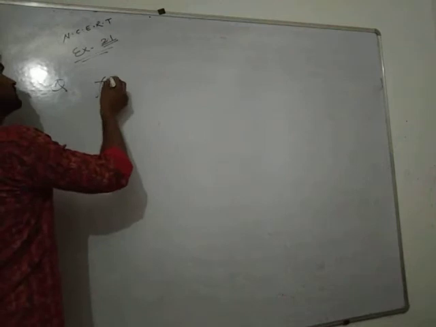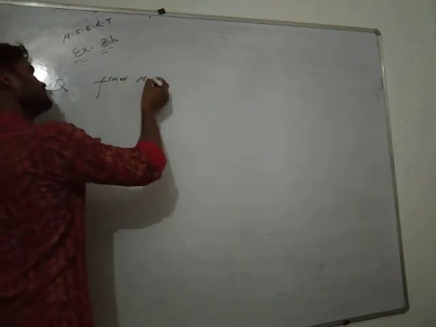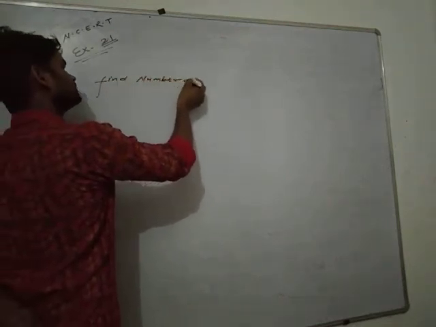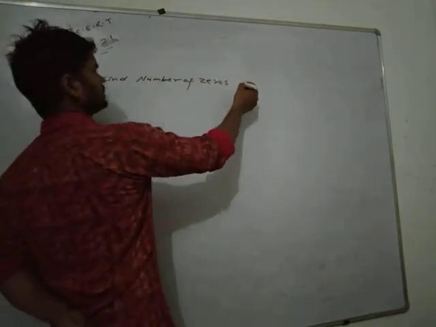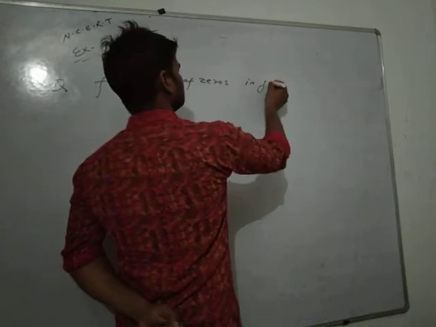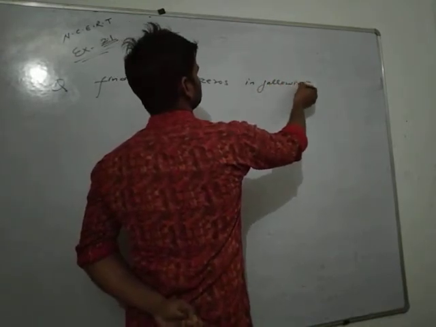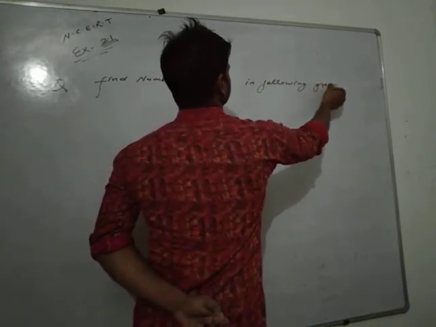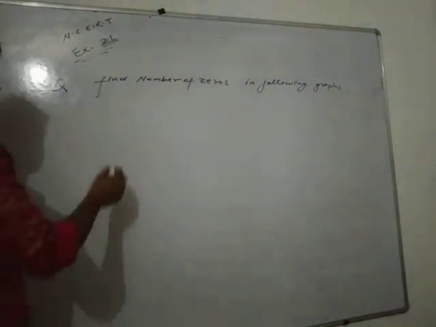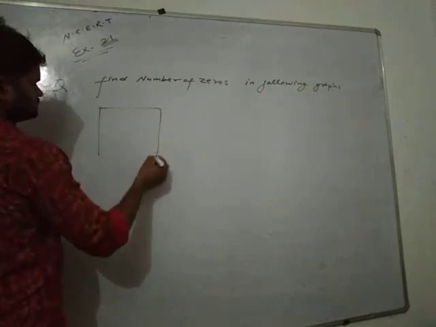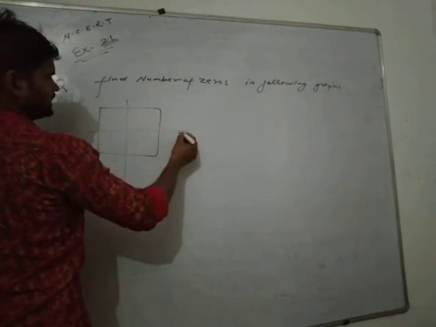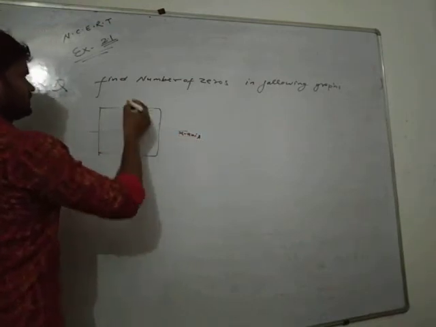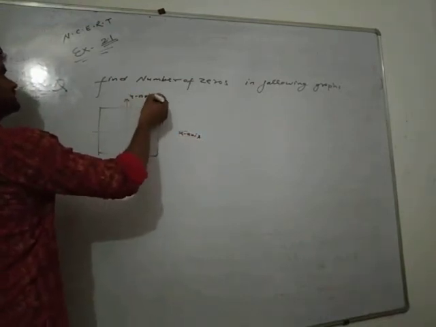Find the number of zeros in the following graphs. This is x-axis and this is y-axis.